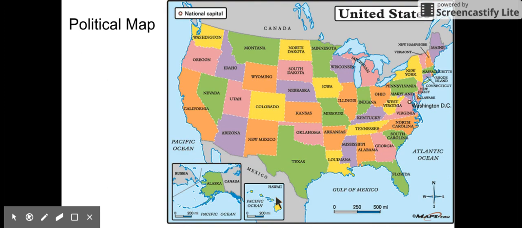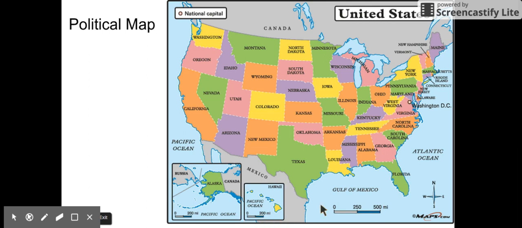Where is the distance scale on this political map of the United States? If you said, oh my goodness, Mrs. Matway, there's 3 of them, you are right. There's one right here because this is the distance scale for this teeny tiny map insert of Alaska. This is the distance scale for this teeny tiny map insert of Hawaii.